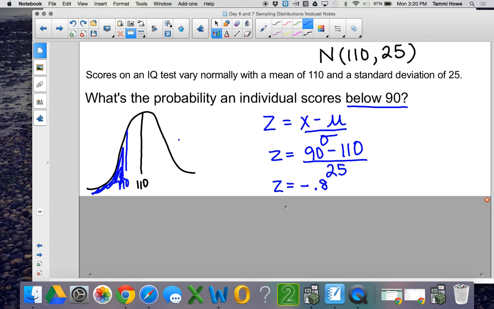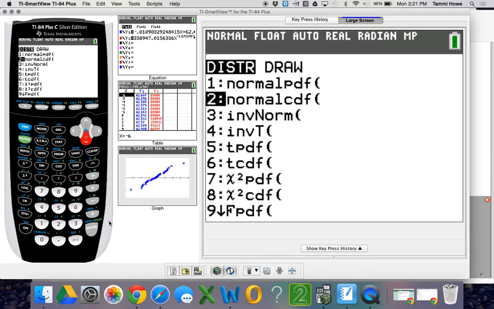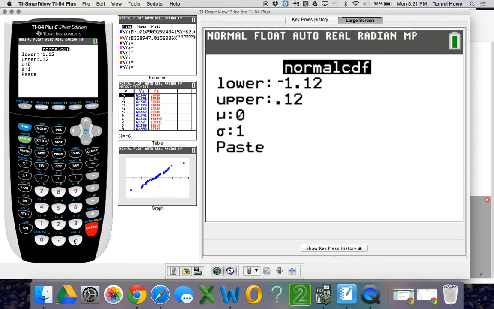The negative tells me I'm on the left-hand side, and the 0.8 tells me I'm not quite one standard deviation below the mean. So now to find this probability below 90, or that p-value, I need to get out my calculator and go to the normal CDF. Since I'm on the left-hand side, this is going to be a really small number.